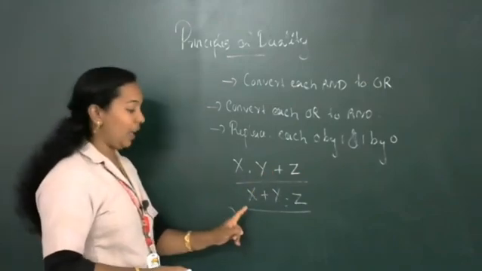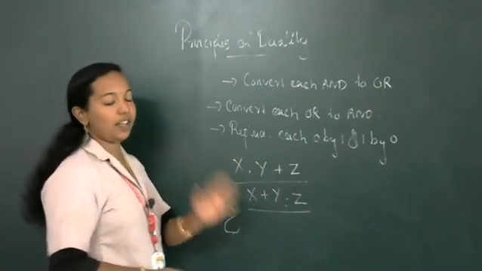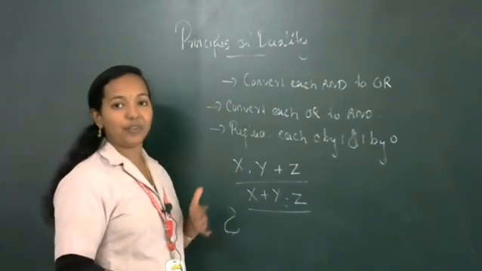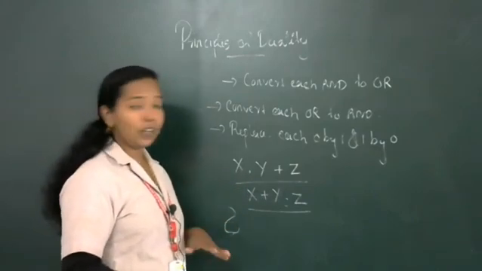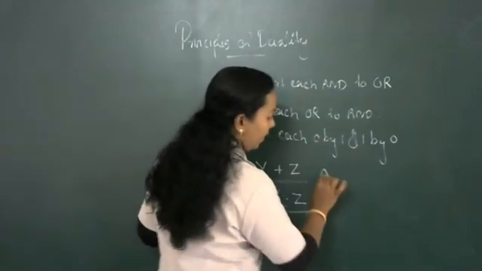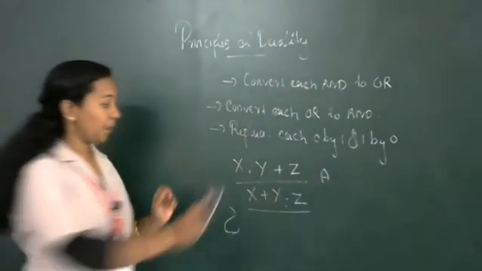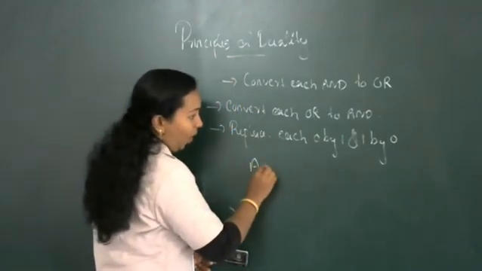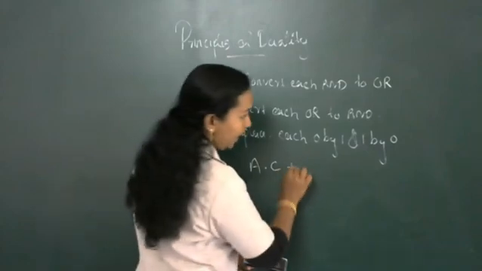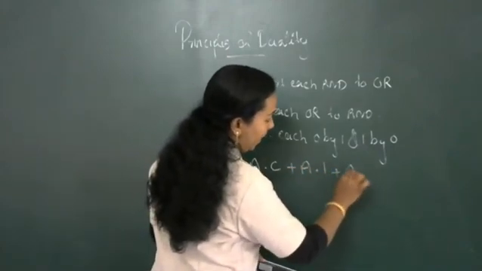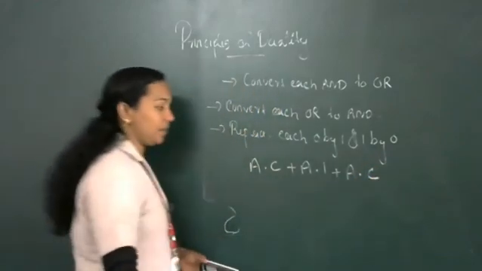So what will be the dual of x dot y plus z? x plus y dot z. That means we are replacing every dot with plus and every plus with dot. Okay, then one more expression: a dot c plus a dot 1 plus a dot c.